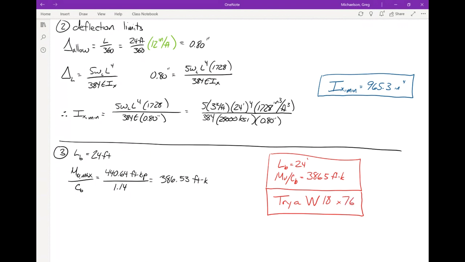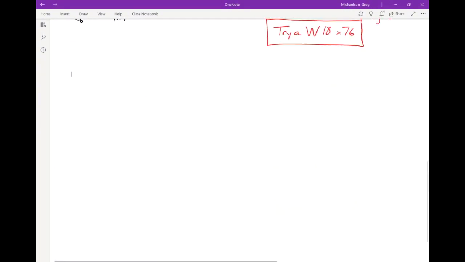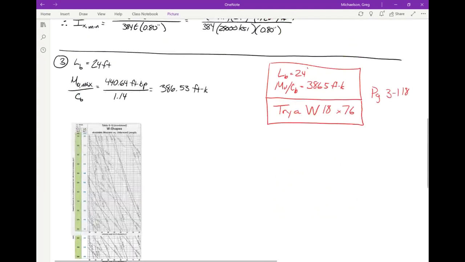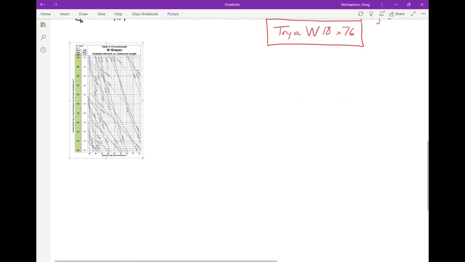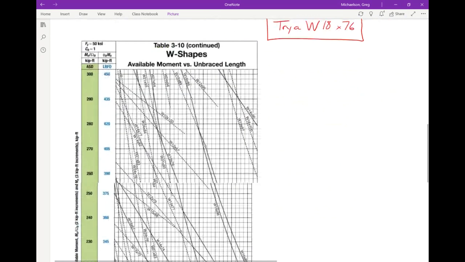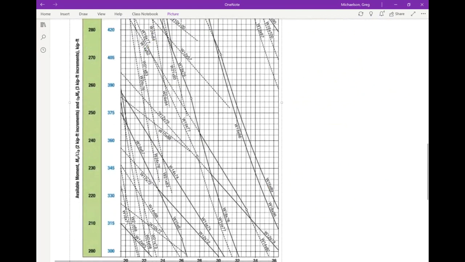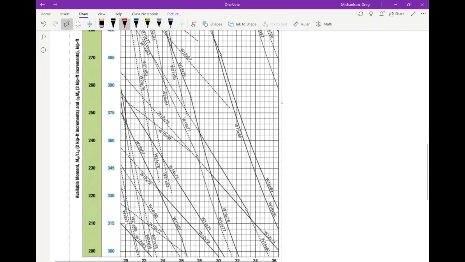Now, for those of you that are still catching up with this, I'm on page 3-118. So here's the page in the manual. Let me see if I can make that bigger. Okay, there we go. So MU over CB is 386.